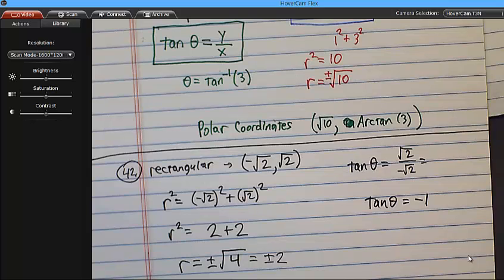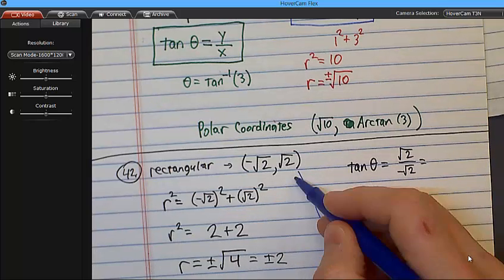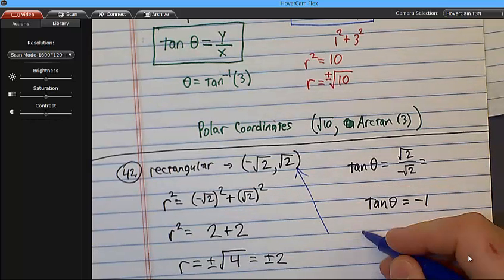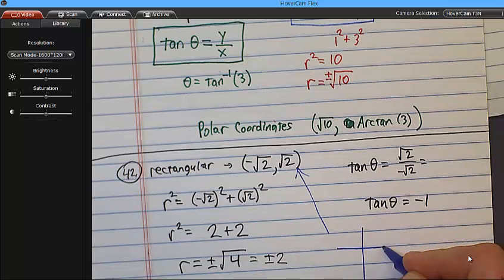If you had it in degree mode, you probably would be familiar with it. But one thing I want you to do is check here for a minute. Let's suppose I drew a picture. Where would negative radical 2, radical 2 be? Which quadrant would it be in?